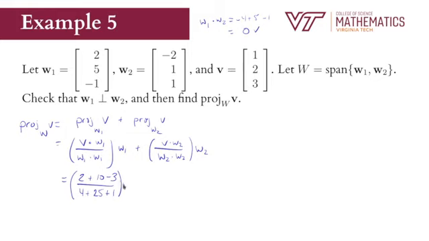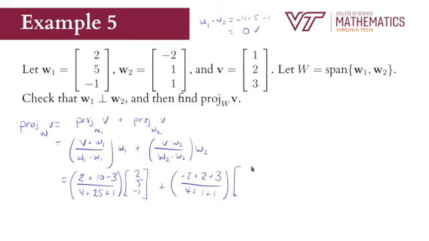And W1 is 2, 5, negative 1. All right. V dot W2 is going to be -2 plus 2 plus 3. And then W2 dot with itself is 4 plus 1 plus 1.